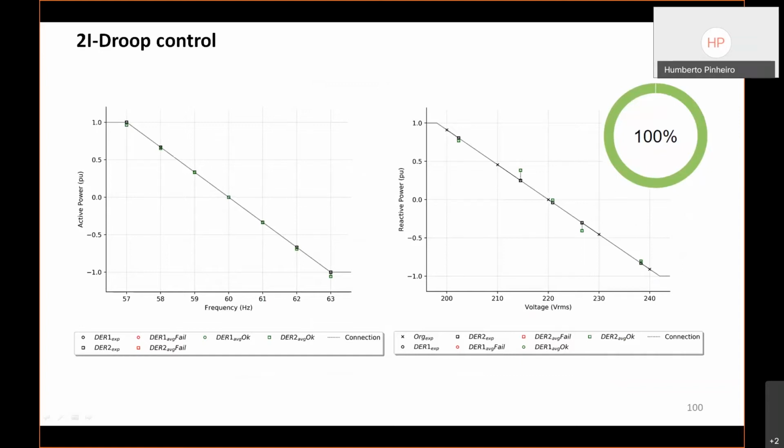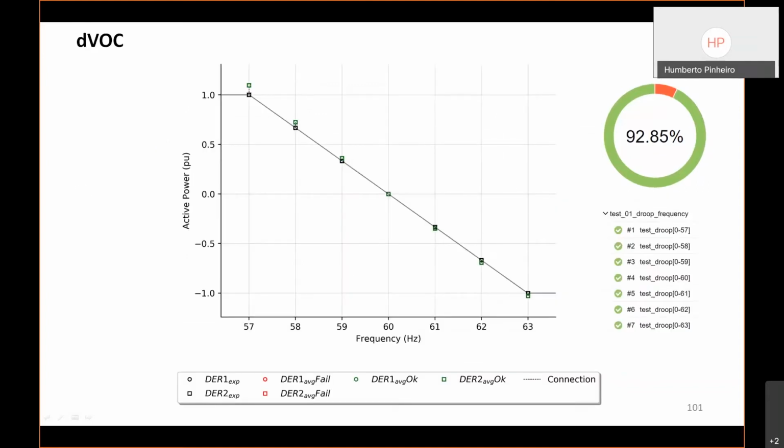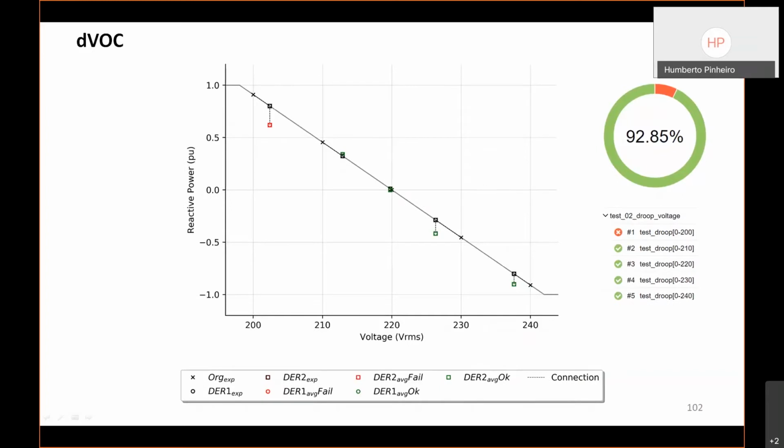So both the frequency and the voltage droop characteristics are very good. The DVOC in terms of frequency has a good result as well. It just failed in one voltage close to the lower limit where it does not dispatch the full or the required reactive power.